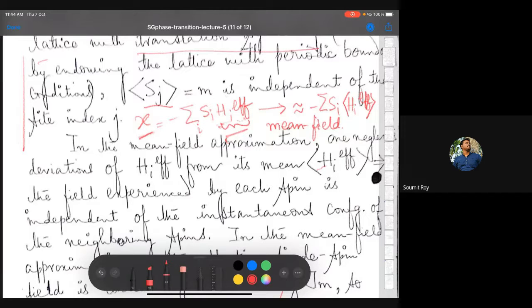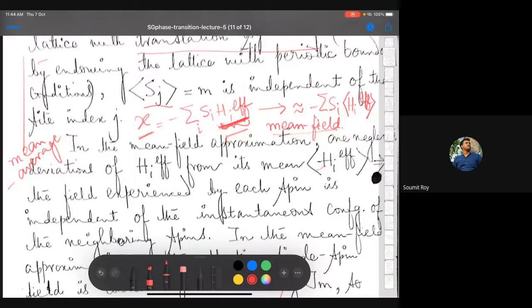And there's another meaning of mean, which is average. Like mean, median, mode. You must have come across such words in probability theory or statistics. So since you are not considering the actual randomness, but you are replacing the actual randomness by the average value or the mean value, and this is already a field, that's why it's called a mean field approximation.